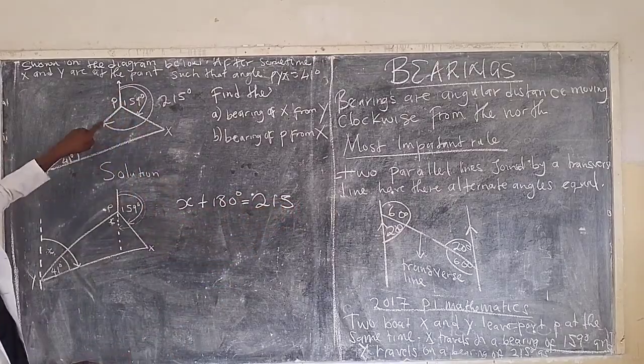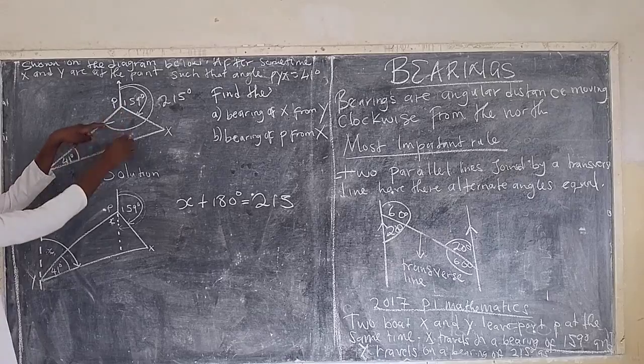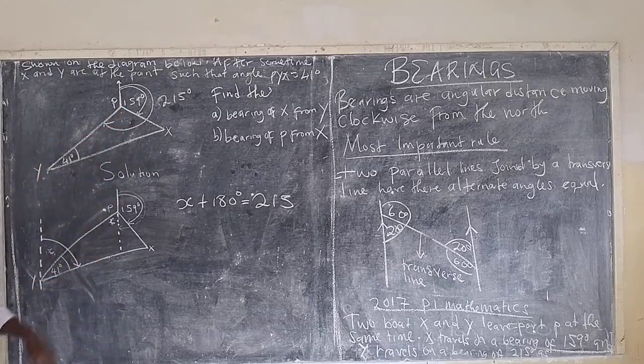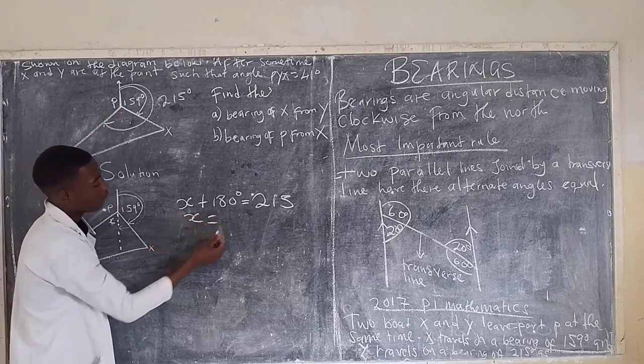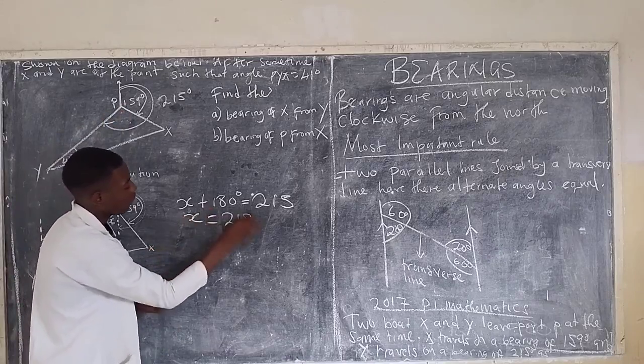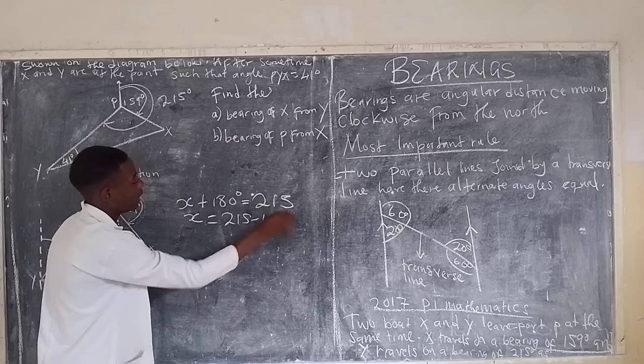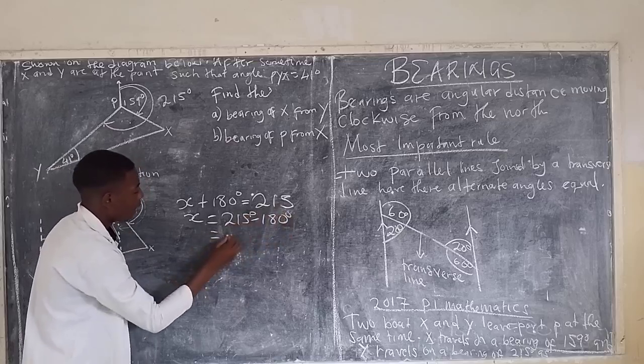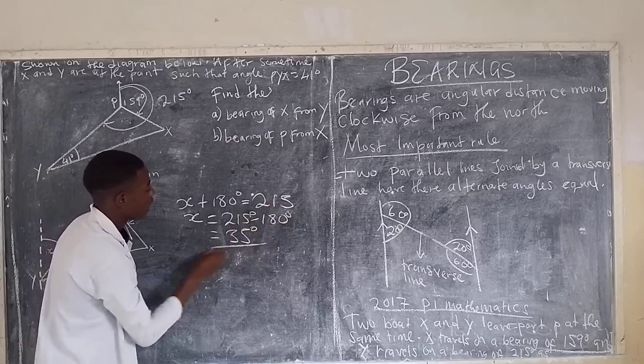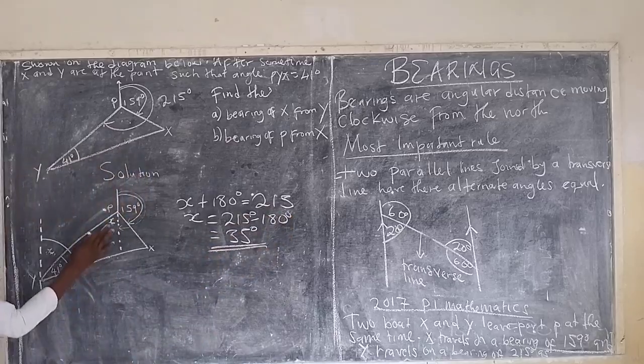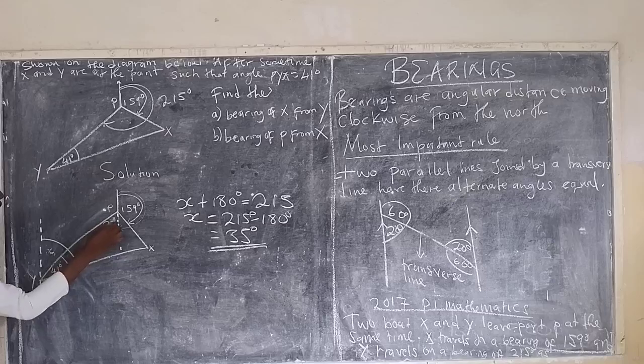From here up to here it's 215, but when we do this, we are getting 180. So X should be equal to 215 minus 180 degrees. Our X is found to be 35 degrees. So the angle here is 35 degrees.